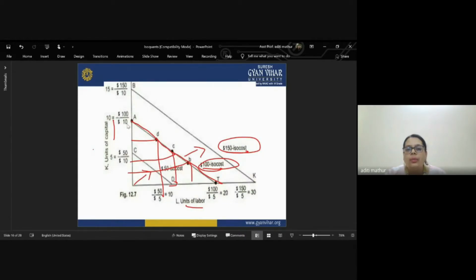So this is what we are discussing, the AT and the BK. If we have increased our overall cost to 150, the line will be upward, and the ratio over here will show that the total cost of capital and labor together will add up to 150. But before we had 100, that's why this is our isocost line for 100.